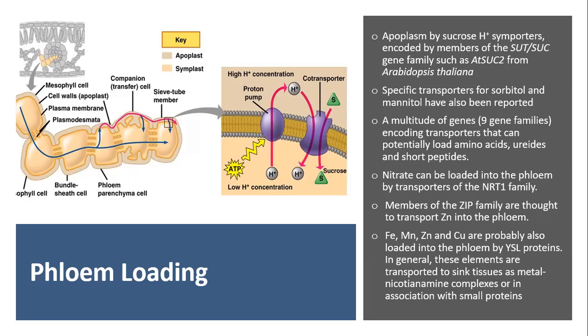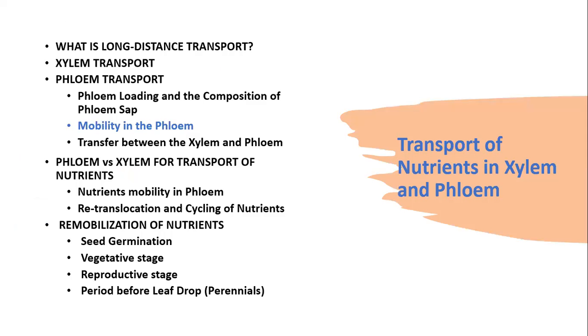And sodium, which is not an essential element, also shares the transporters of potassium to be loaded into the phloem, similarly as it was using the potassium channels to get into the root epidermal cells.